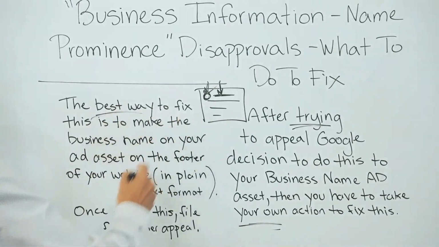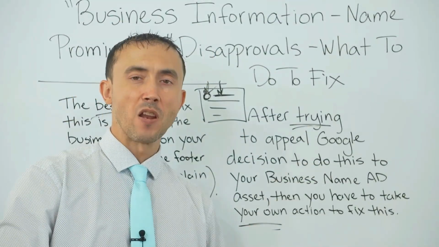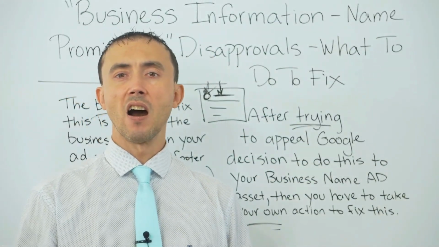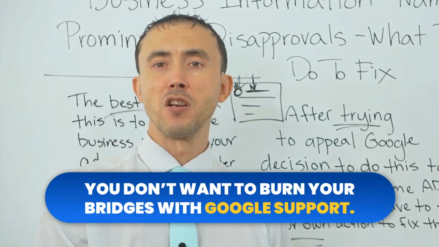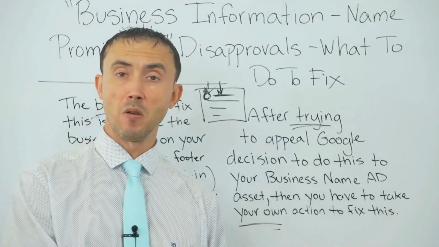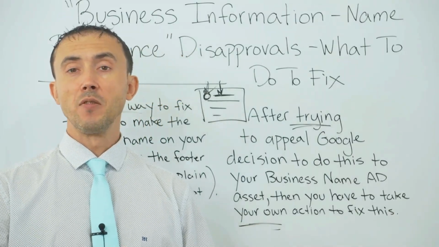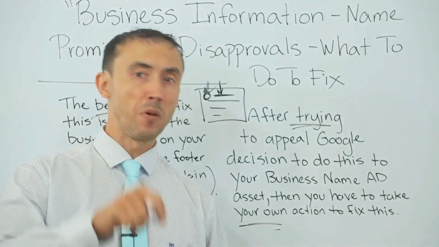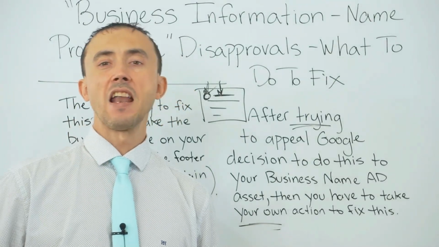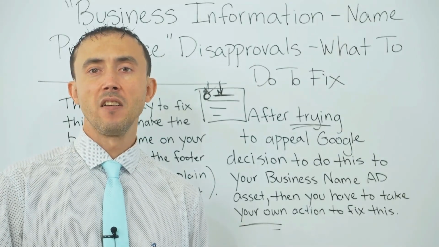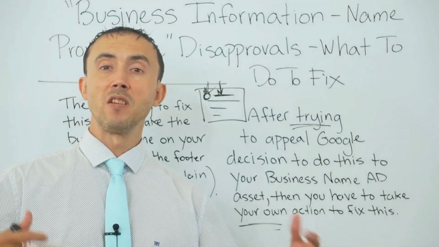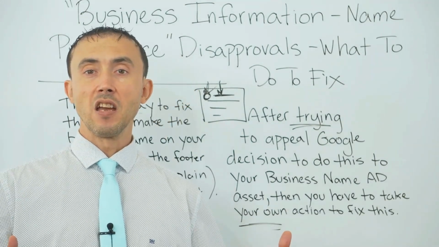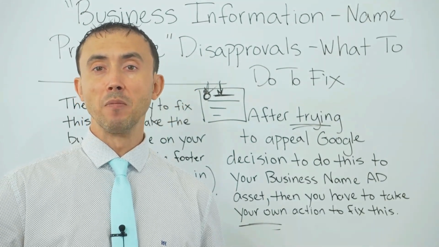Ultimately, the best way, and before I finish this, I've talked about in a very recent video that you do not want to burn your bridges with Google support and their appeal process. If you keep hitting appeal and not actually changing anything on your website, unless you've got a really good reason, most of the time when something doesn't make sense and you appeal it, you really do have a problem.